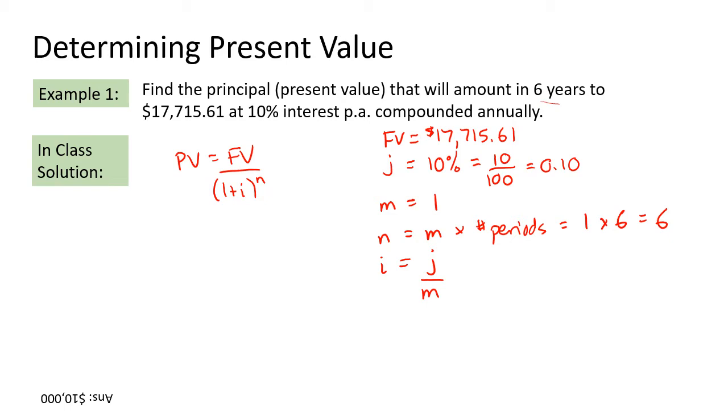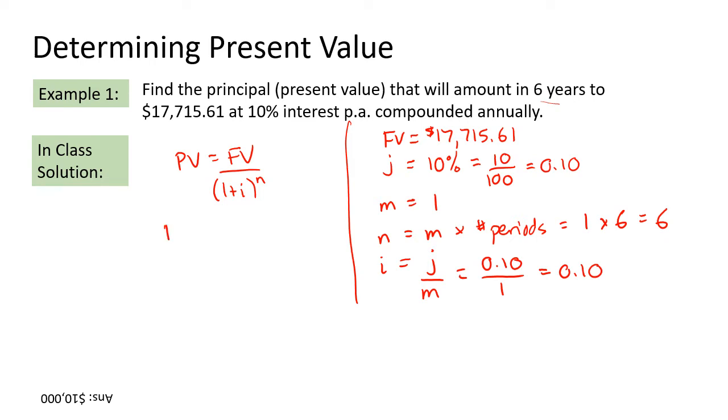In this instance, it's simple, because we know that our nominal interest rate is 10% or 0.10, and we only have one compounding period per year, it's annually. So it's just 0.10 divided by 1, which is just 0.10. So now we have all the terms we need, so we can substitute them into the formula. This is why I like to list every term on the right side, so that I can just take those values and substitute them in.